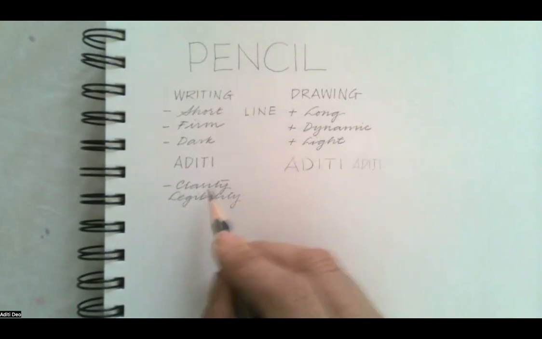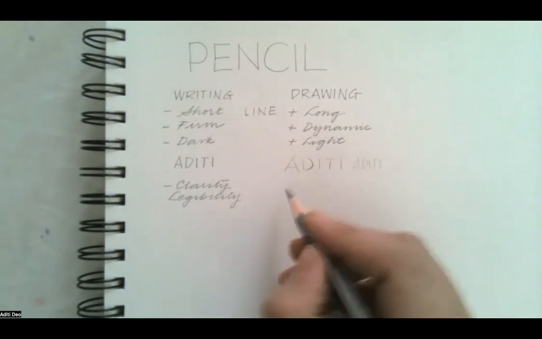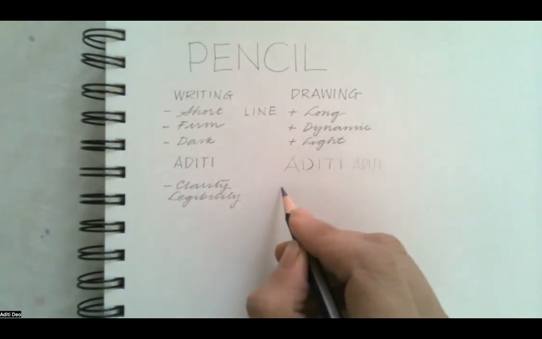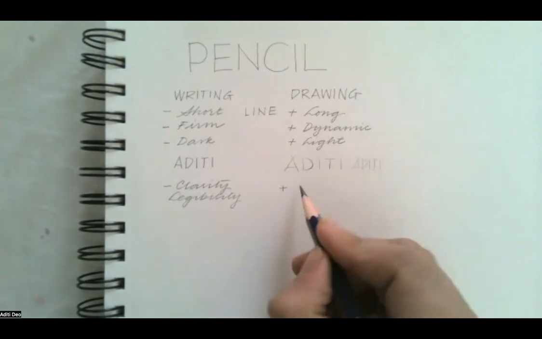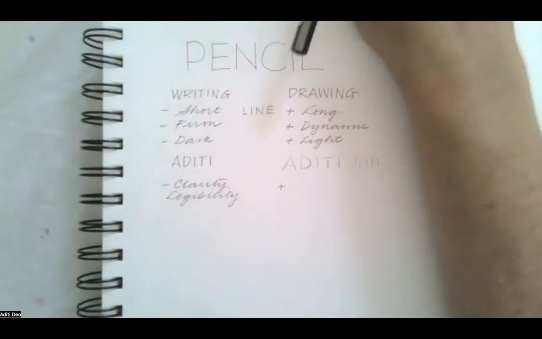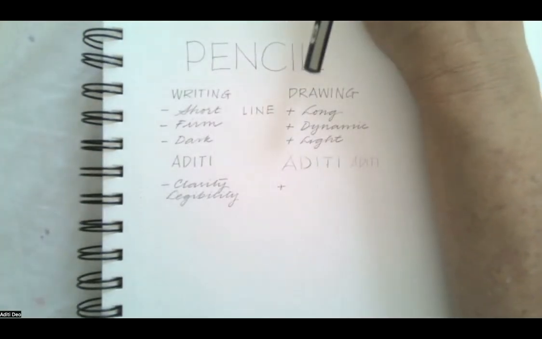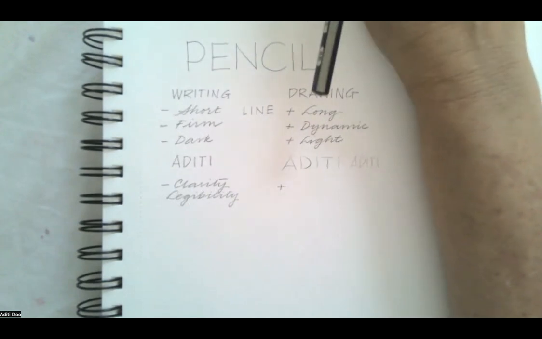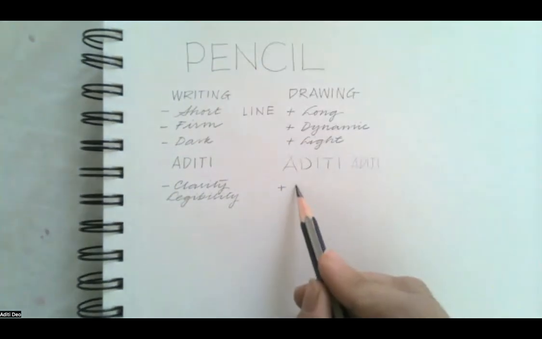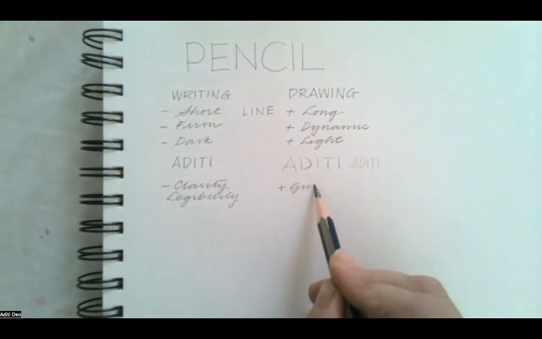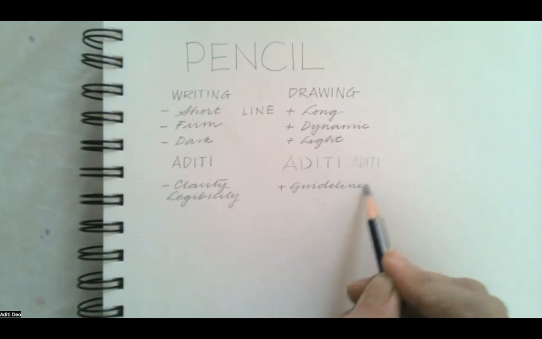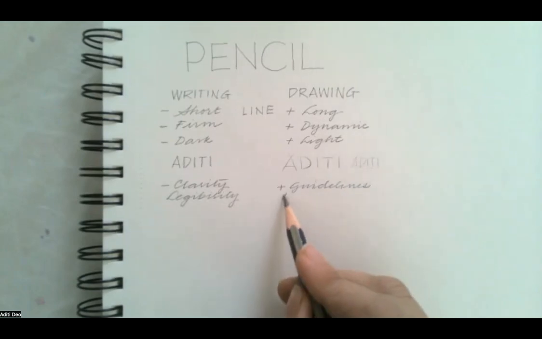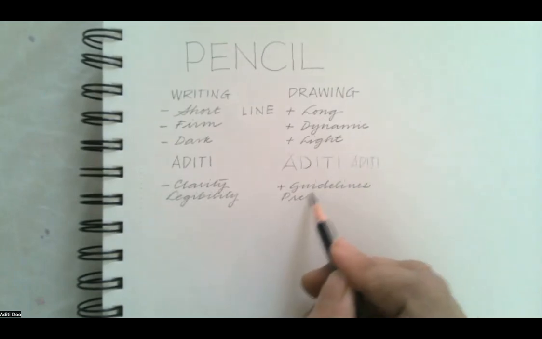In drawing, you do need clarity and legibility sometimes, but mostly you need the line to create guidelines and a preliminary sketch.